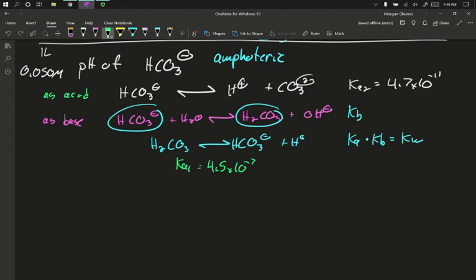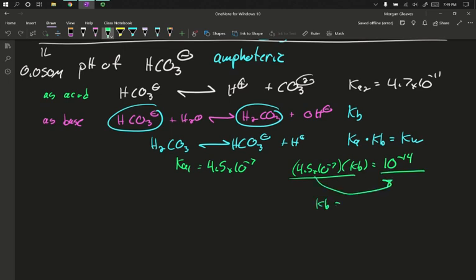We can use that to solve Kb for that same pairing. 4.5 times 10 to the minus 7 times the Kb must equal 10 to the minus 14. So we'll divide this onto both sides.